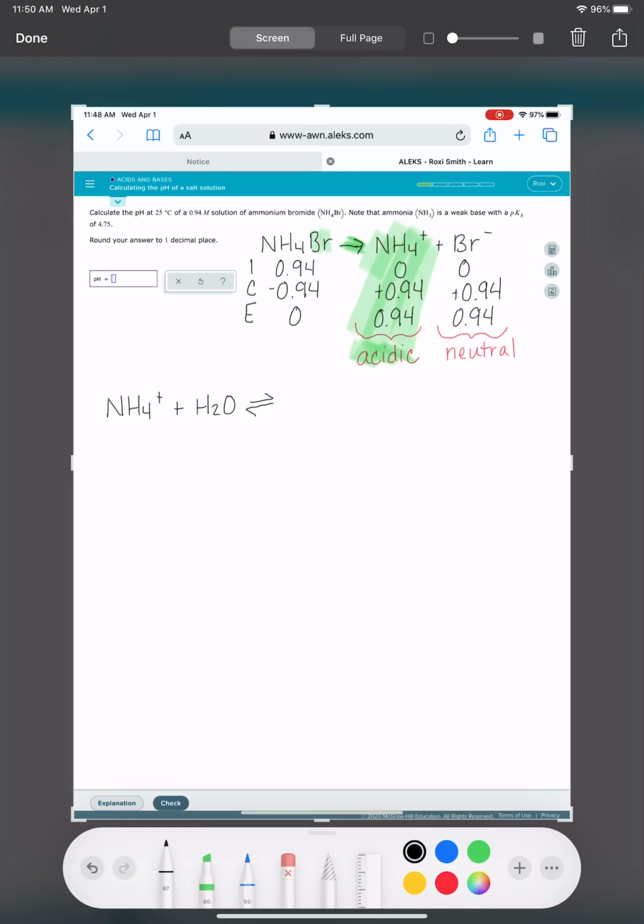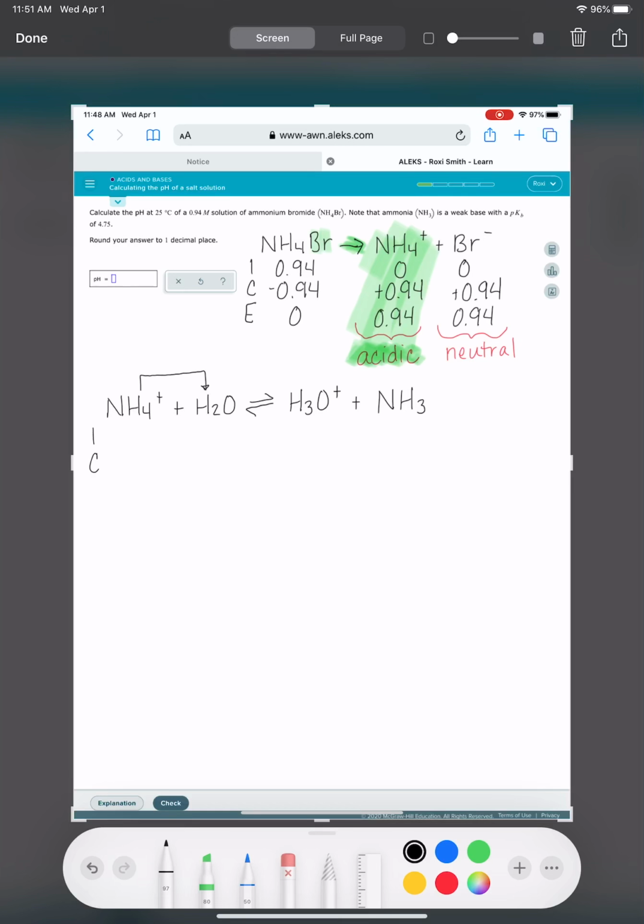When we know that our reactant is acidic, one of the products of this reaction is H3O plus every single time. For the other product of this reaction, we have to ask ourselves, where did that H3O plus come from? How did it get made? We moved a hydrogen from the acid over to the water molecule, which left NH4 plus as just NH3.